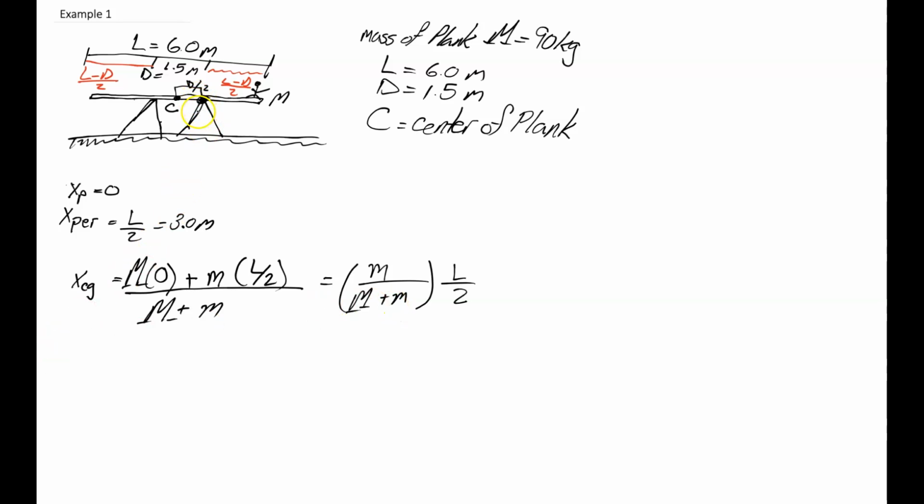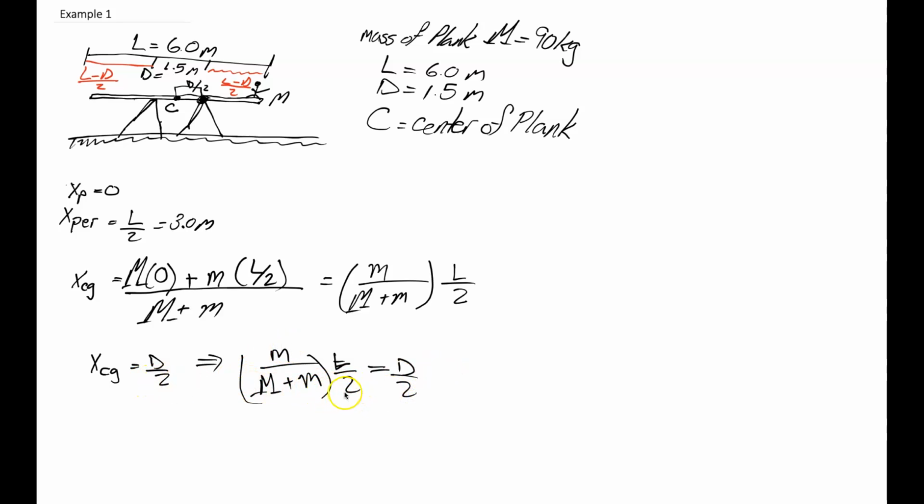And if we want the center of gravity to be at the right hand seesaw so that it balances, then we're setting x of CG to equal d over 2, which means that little m over big M plus little m times L over 2 has to equal d over 2.